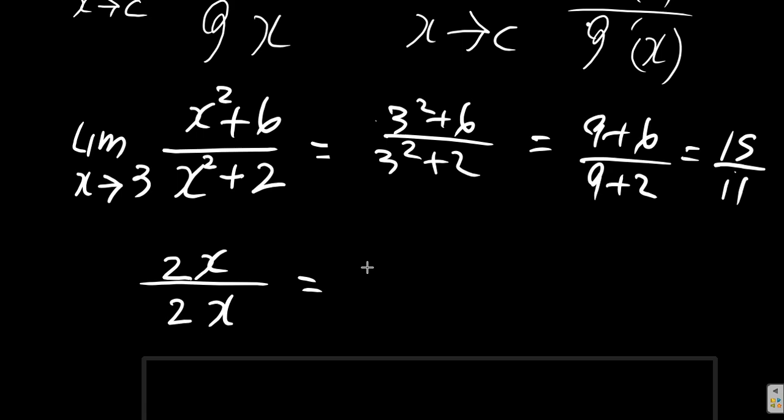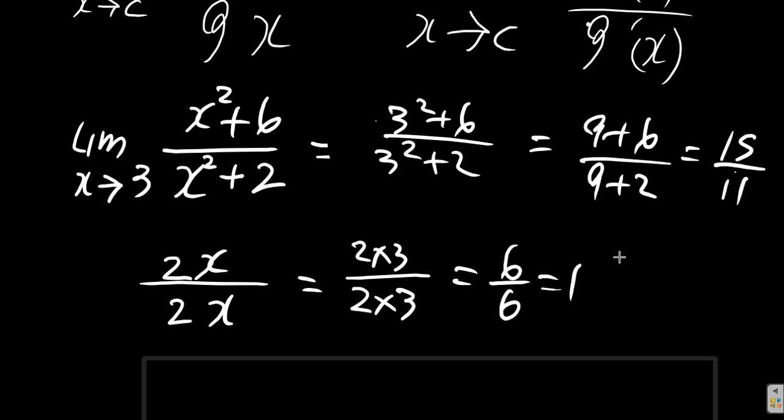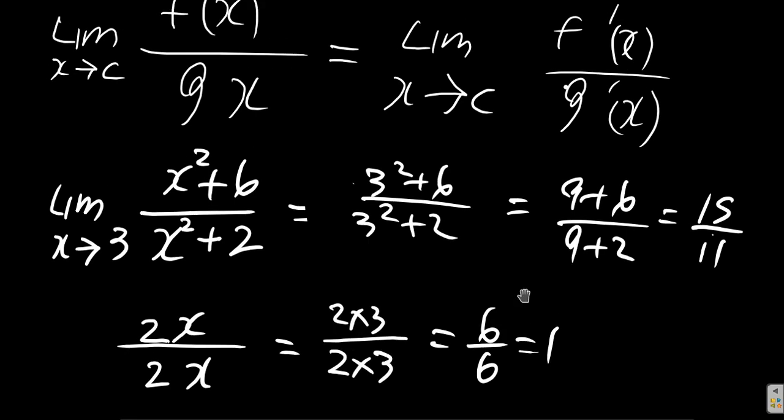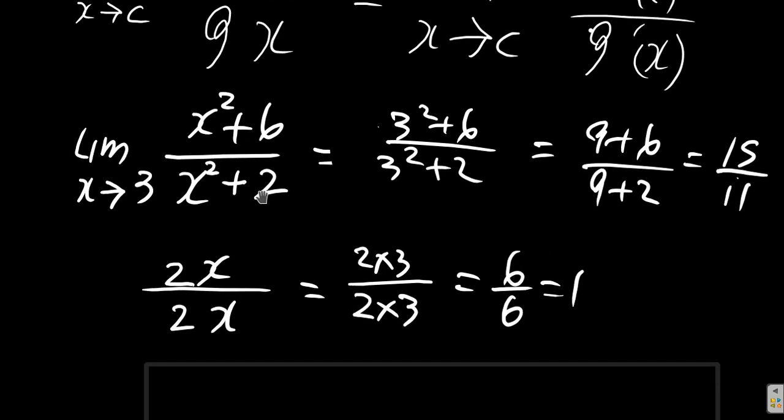And then when you substitute 3, you get 2 times 3 divided by 2 times 3, which will be 6 divided by 6, which is 1, which of course would be incorrect.